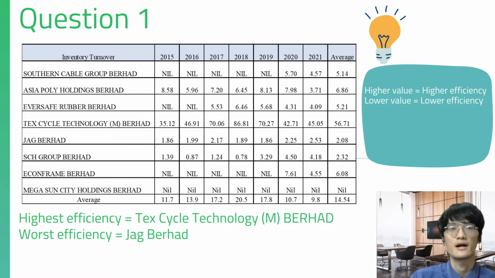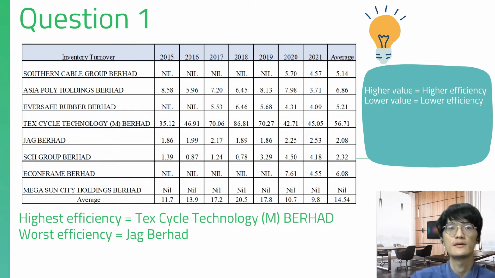The company that has the highest inventory turnover ratio is TechCycle Technology Berhad, which recorded a figure of 45.05, while the lowest inventory turnover ratio is Jack Berhad, which recorded a value of 2.53. The highest inventory turnover ratio for TechCycle Berhad indicates that the company has the highest efficiency in managing its inventory to generate sales, while Jack Berhad ironically has the lowest efficiency. Other companies did not perform as well when compared to the company's average.